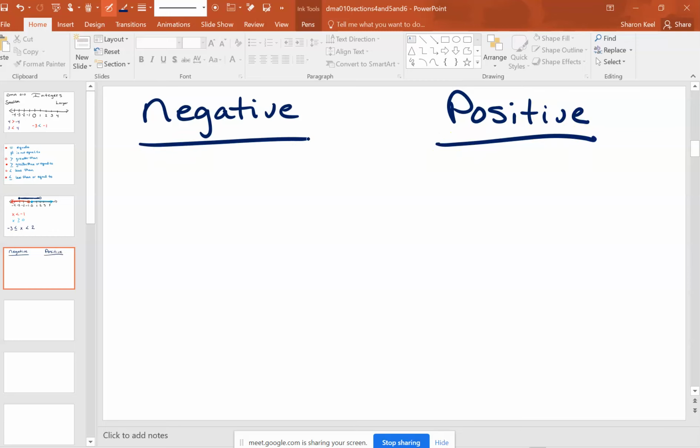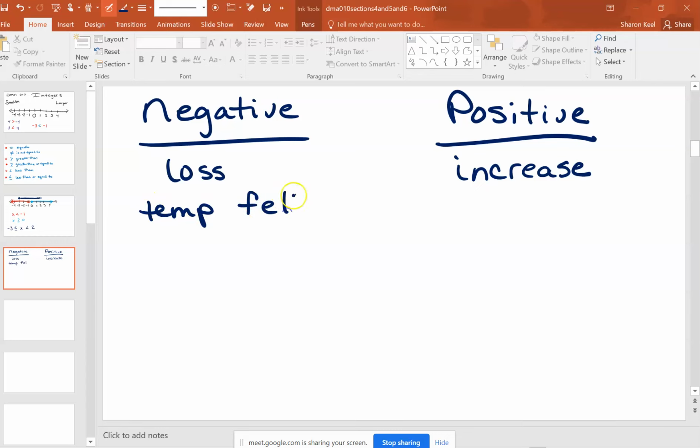If you have something that talks about a loss, you lose money, that would be a negative. If something increases, that would be a positive. If a temperature fell so many degrees, or something talks about a decrease, that would be a negative.